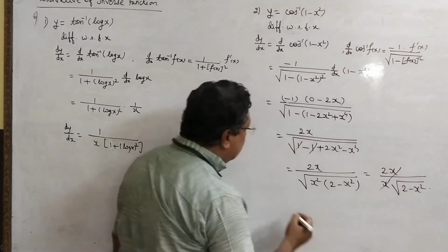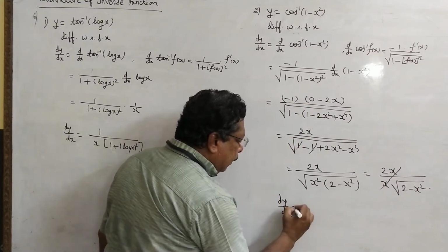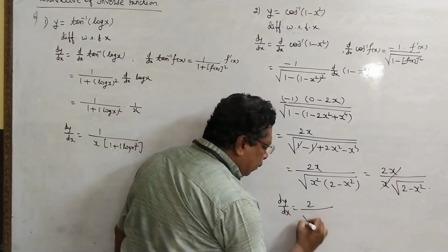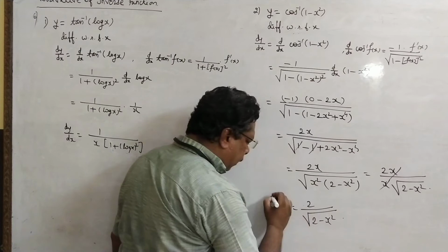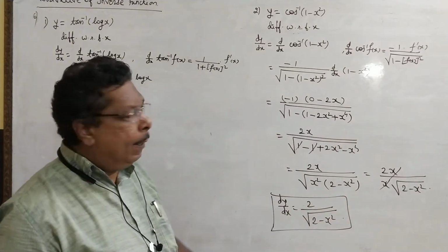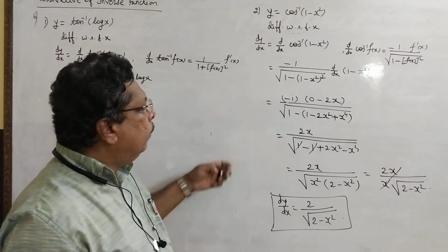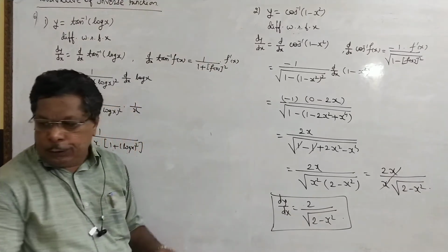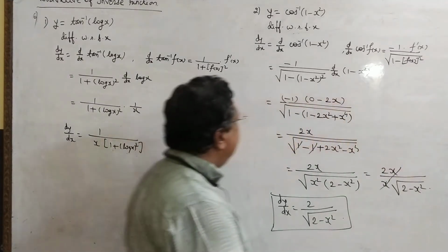This x will cancel. So required dy by dx is equal to 2 upon under root 2 minus x square, which is the required derivative of dy by dx. Any problem? Okay, now we'll see the next type of the inverse function. The next sum.